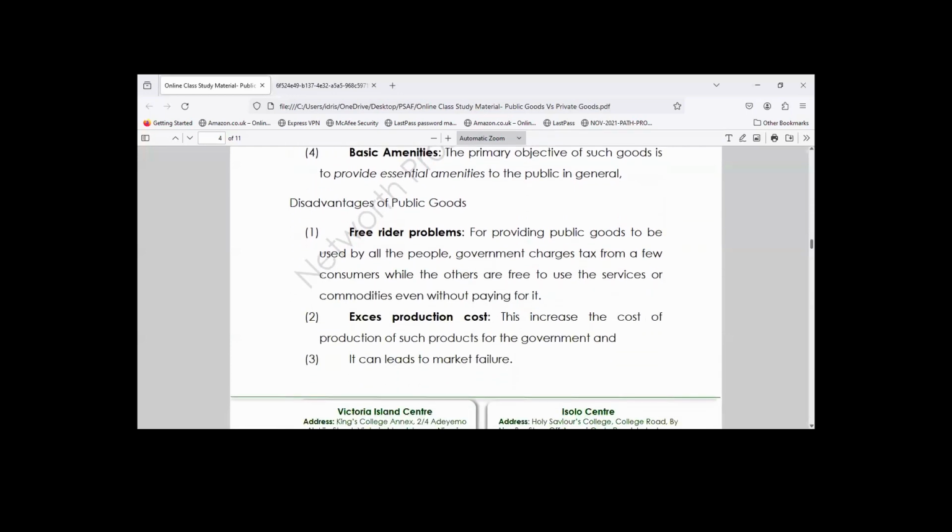Disadvantage: the free rider problem. What is the free rider problem? Since I'm enjoying this good at no cost, people will start using it anyhow. Free rider problem means since you are getting it free of cost, you can use it anyhow you like. That is one of the problems of public good. They will misuse it.